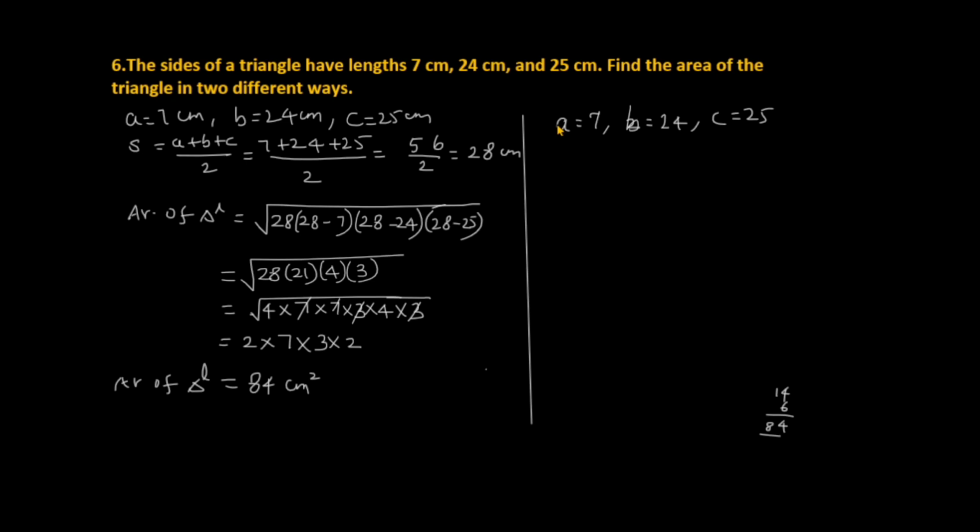That is, here the greater number is C. So we need to check whether A squared plus B squared is equal to C squared or not. 7 squared plus 24 squared is equal to 25 squared or not.